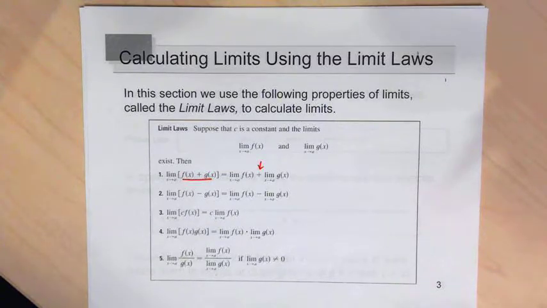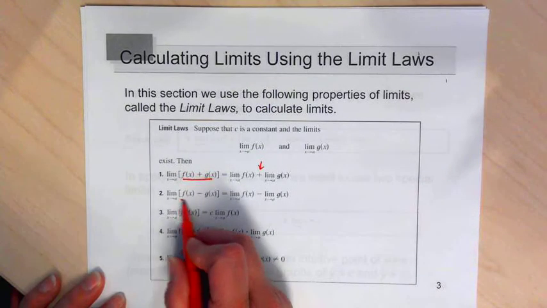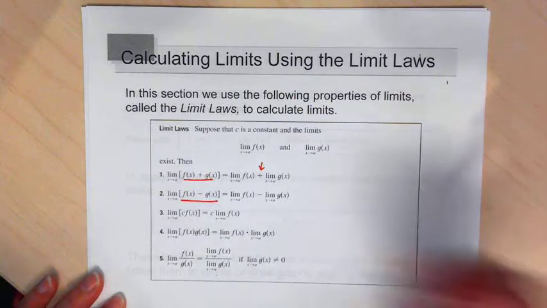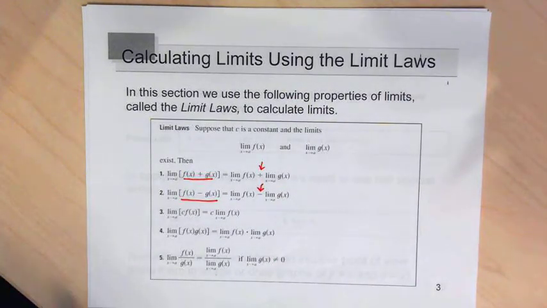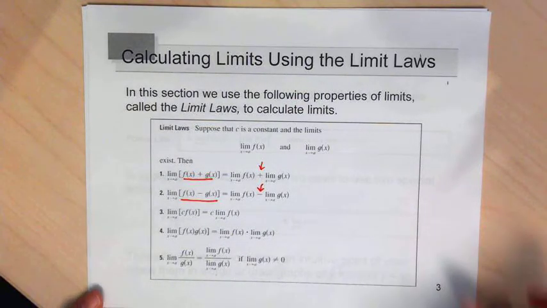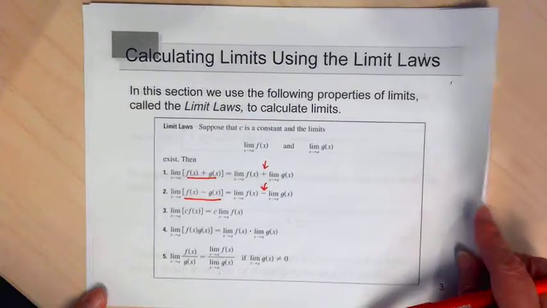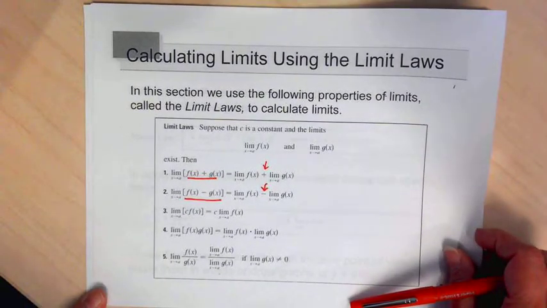With limit law number 2, the limit of a difference is equivalent to the difference of the 2 limits. And limit laws 3, 4, and 5 deal with constant multiples, the product of 2 limits, and the quotient of 2 limits.